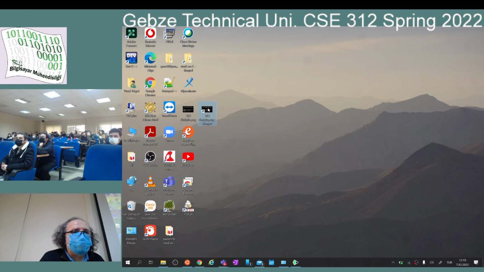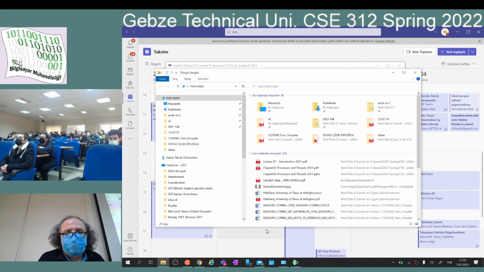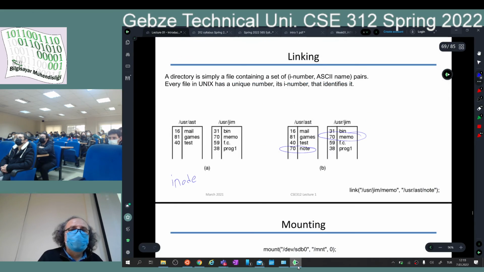It is just a shortcut for this one, or a link to this one, and I can move this anywhere I like, and they will point to the same thing. When I delete this, I did not delete the original file. I only deleted the shortcut. So Windows has something corresponding to it, but I don't think that they are using a kernel system call. But in Linux, you have a system call for this one.